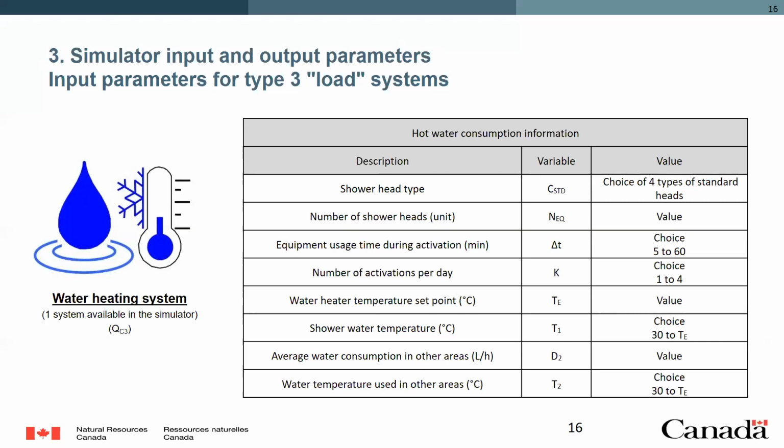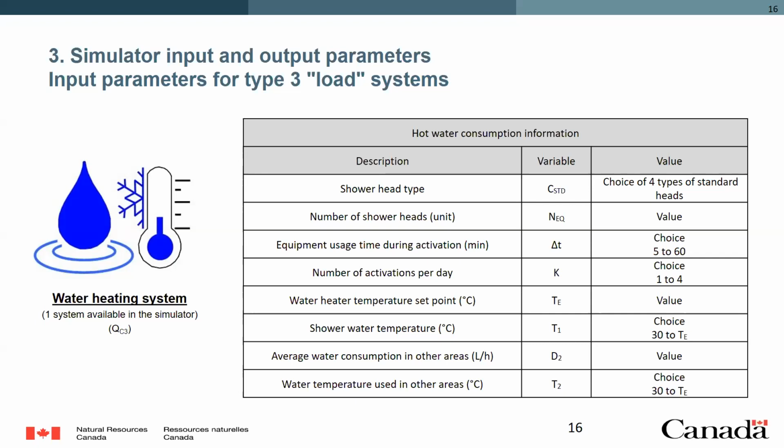You also have to input a time, the duration that they will be used, and the number of times that duration will be executed during the day, which could be associated to different shifts in the mine. And then the temperatures of the heater temperature set point and the shower water temperature.